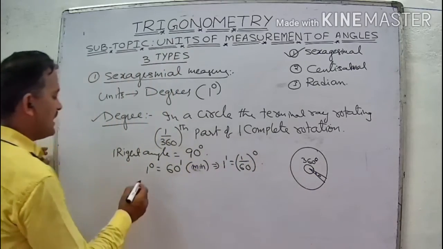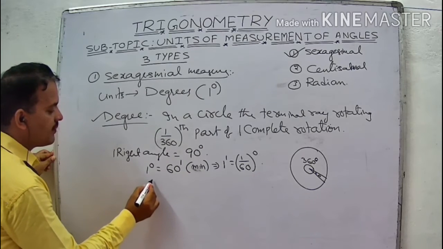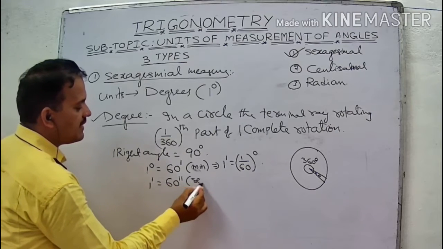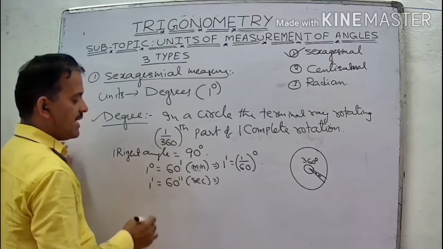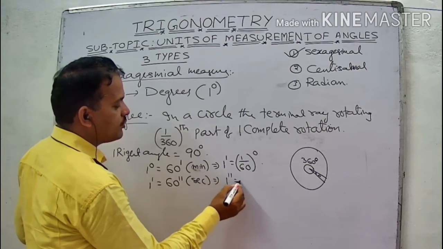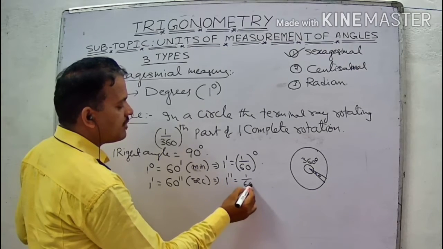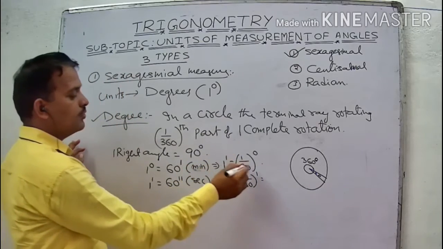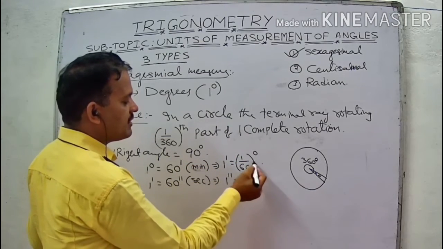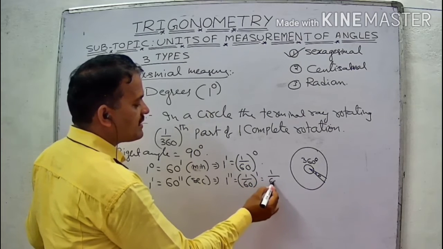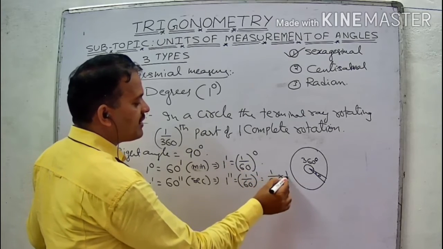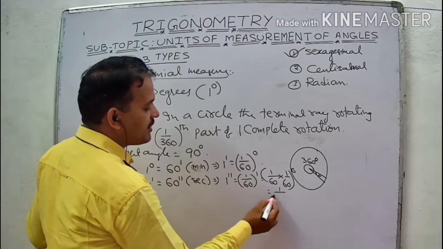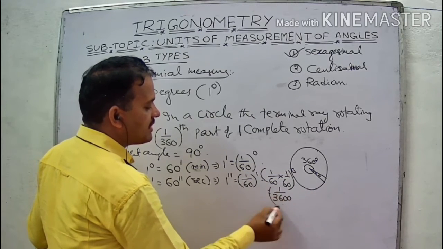Similarly, 1 minute is again divided into 60 equal parts, and each part is called a second. Seconds convert into minutes: 1 second equals 1 by 60 minutes. Again, minutes converted into degrees, 1 minute is 1 by 60 degrees, so 1 second is 1 by 60 into 1 by 60 degrees. That is nothing but 1 by 3600 degrees.